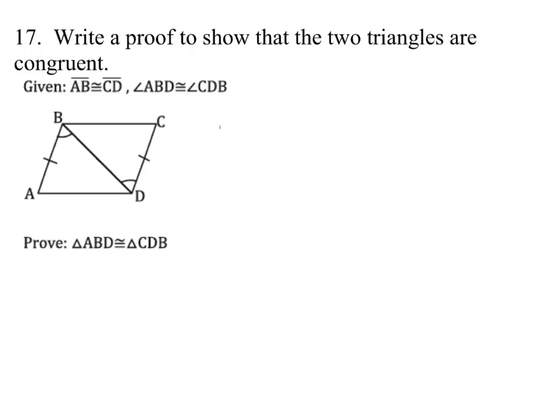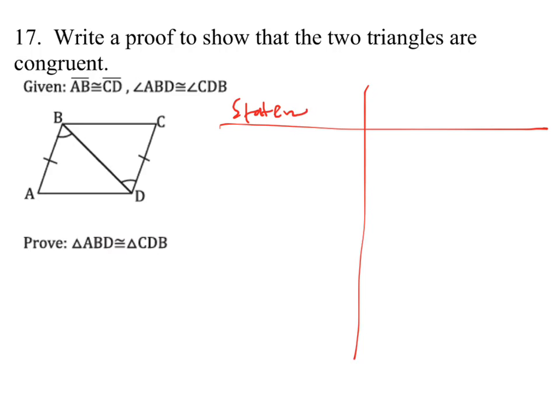And so you get yourself a table here where on the left side we have our statements, and then on the right side we have our reasons, or the proof. And let's start with the givens. Number 1, AB is congruent to CD.